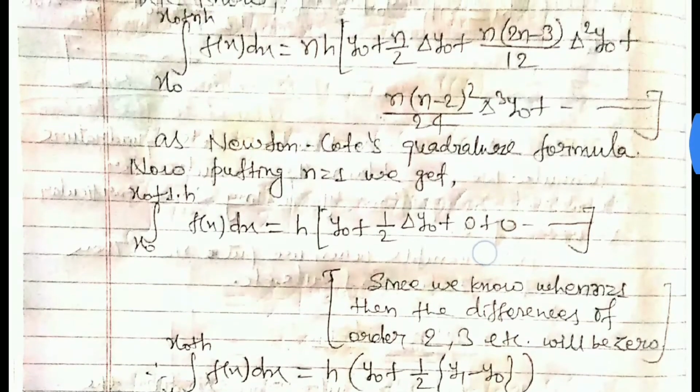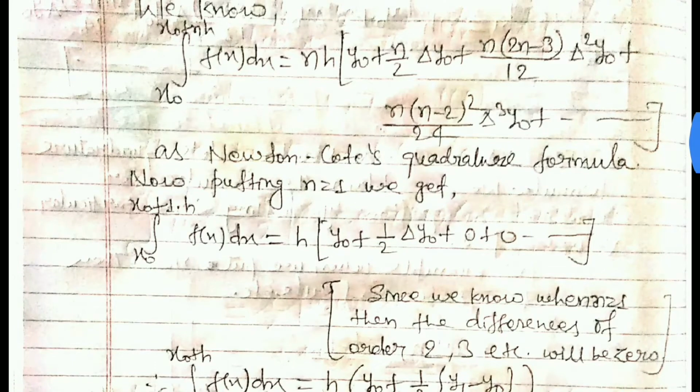Because we know that if we have a polynomial of degree n, then the differences of order more than n will vanish, they will be 0. So that's why the second, third and fourth differences will be 0, and the remaining is just the first difference.